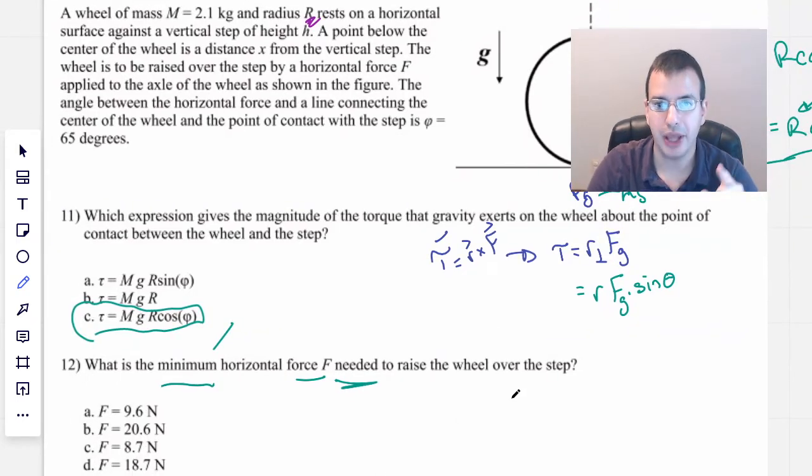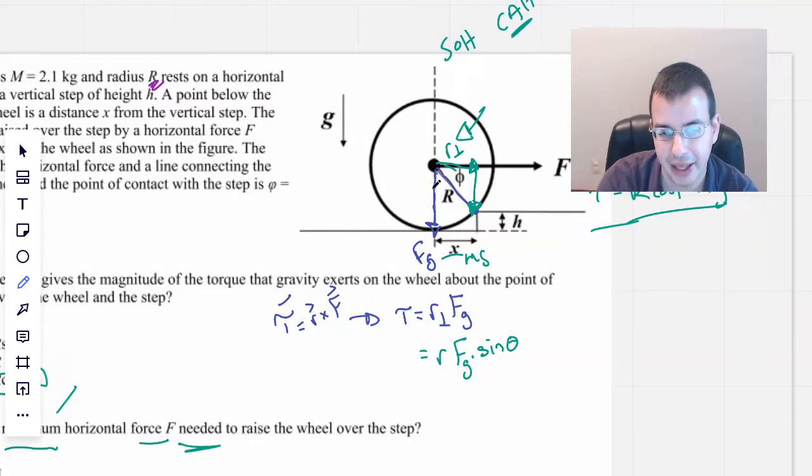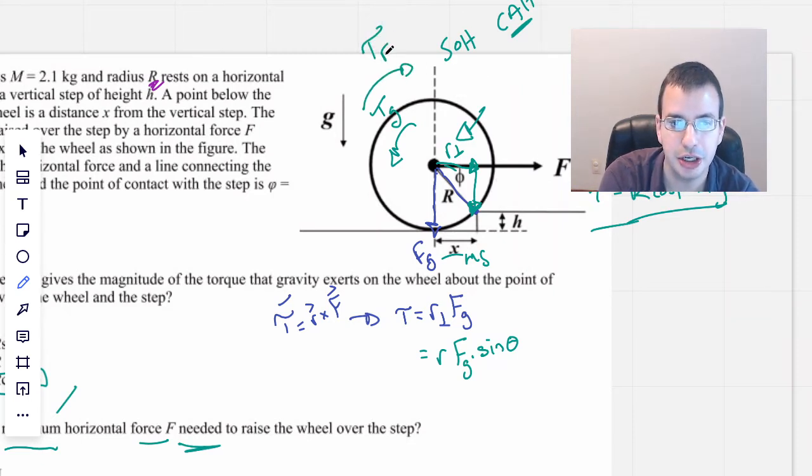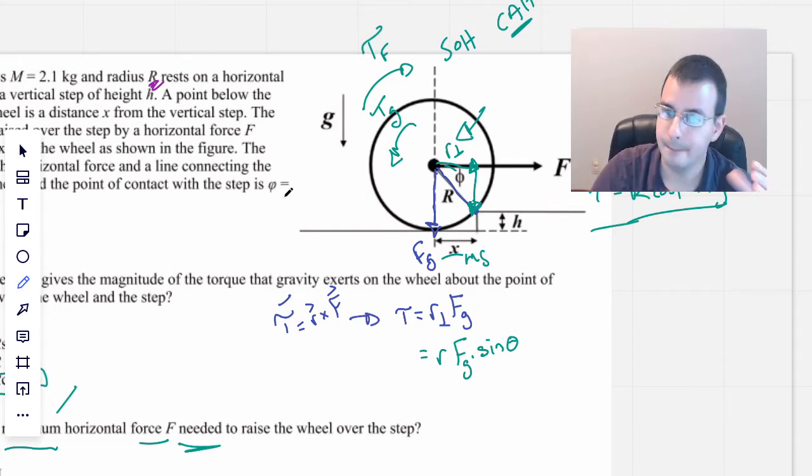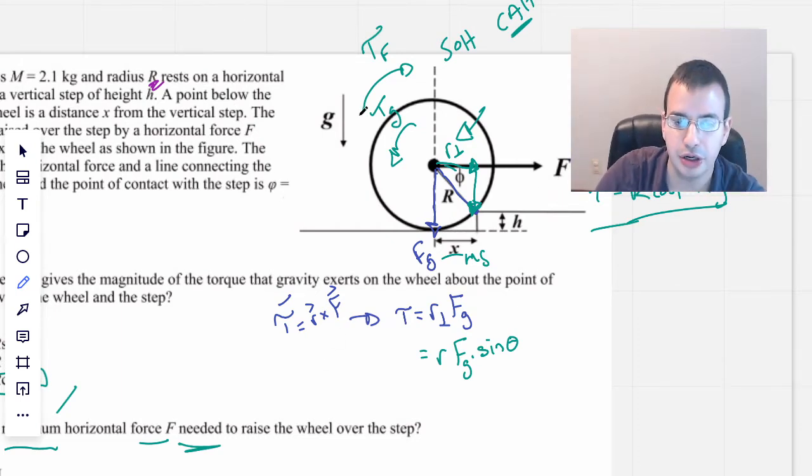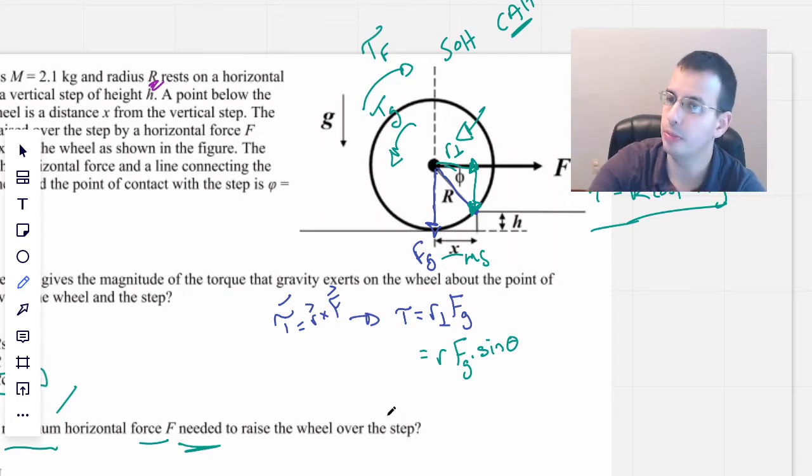We have a force of gravity pulling it down, so we have a torque in this direction due to gravity, but then we're going to have a torque in that direction due to big F. And when the torque due to big F is bigger than the torque due to gravity, then the wheel will move.